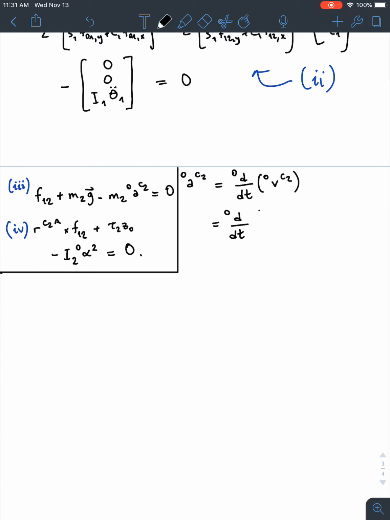I can generate that vector by first going from the origin of the world frame to point A, and then adding a vector that goes from the point A to the point C2. This vector is now a position vector that goes from the origin of the world frame to C2. Clearly, the point O is a point fixed in the world frame, and this is the point of interest whose velocity and acceleration we want to find. So definitely we are satisfying the definition of velocity and acceleration here.